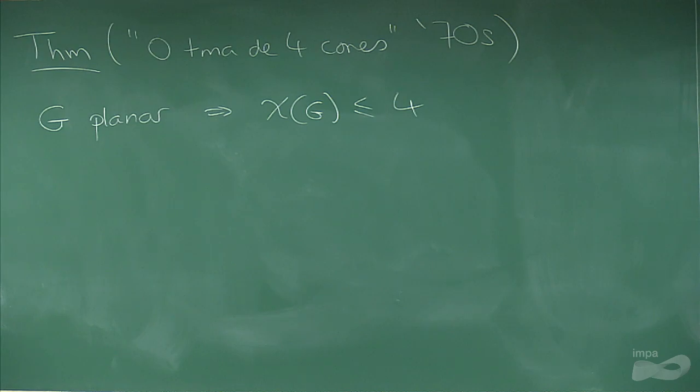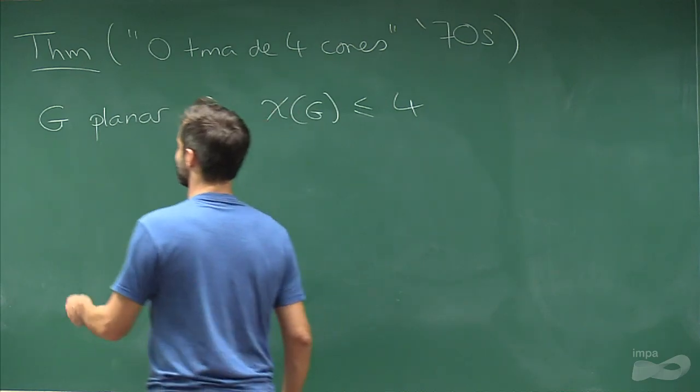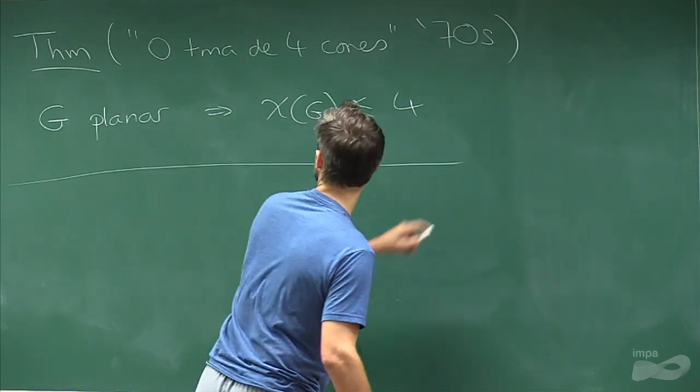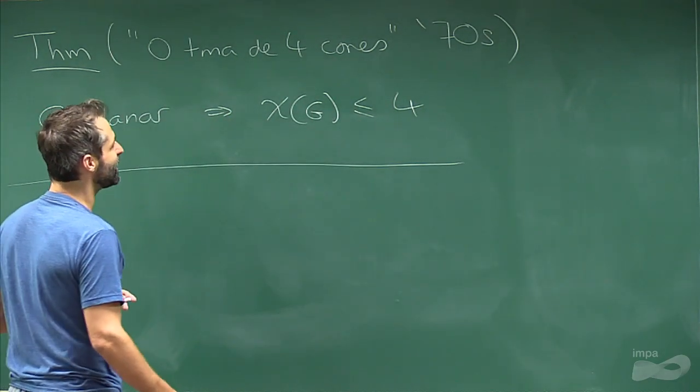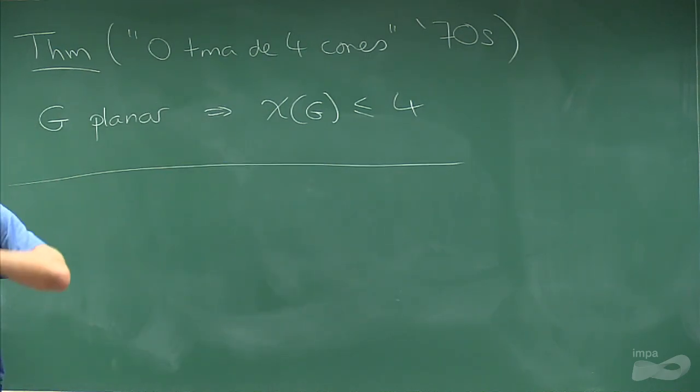Maybe it's true because these cases happen to work. Anyway, we're not going to prove this, thank goodness. We're going to prove something weaker. Our aim is to prove the chromatic number is at most 5.